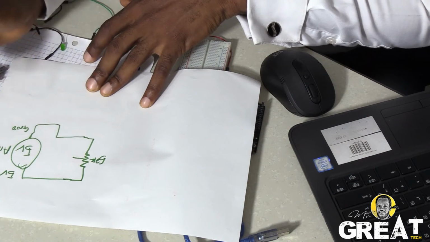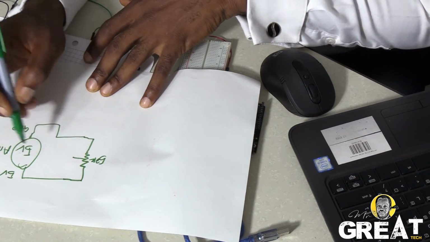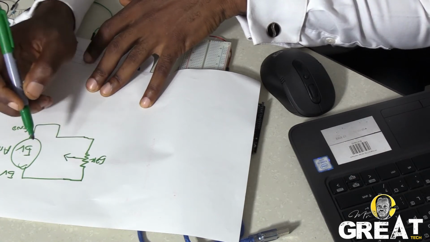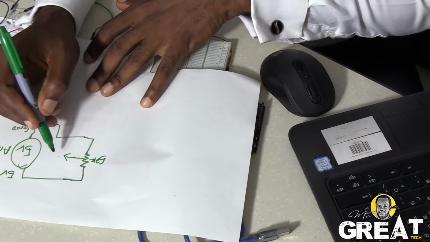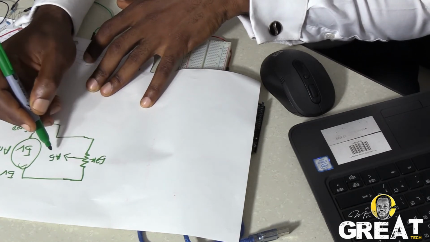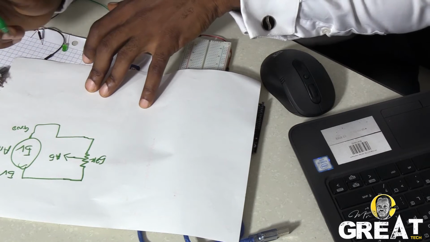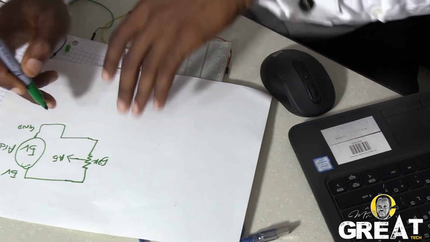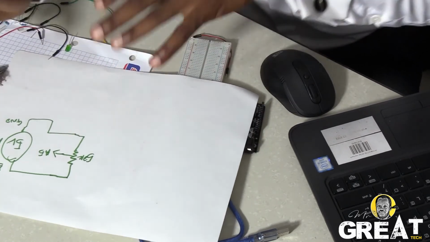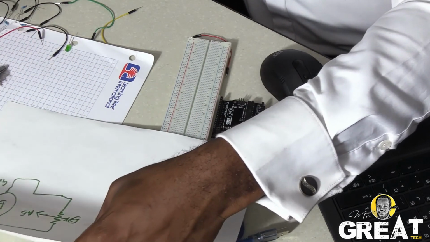And this one goes to the pin A5 of the Arduino. Okay, so that is it. We hook up this one first before the other ones.